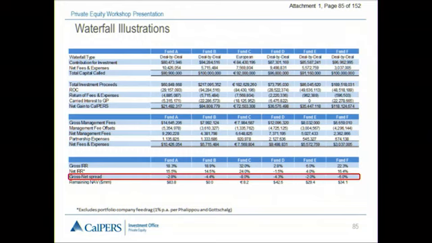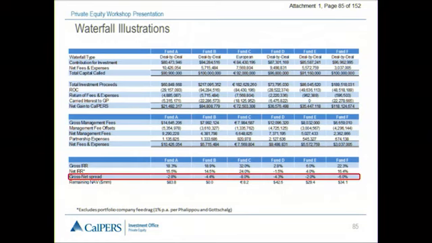So you can see in Fund B, the total capital called was $94.2 million for investment, another $5.7 million for fees and expenses. At the end, the fund returned $217 million. We received $94 million back as our return of capital.